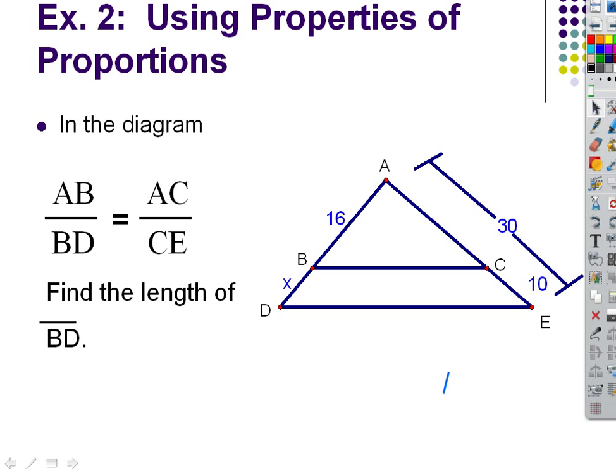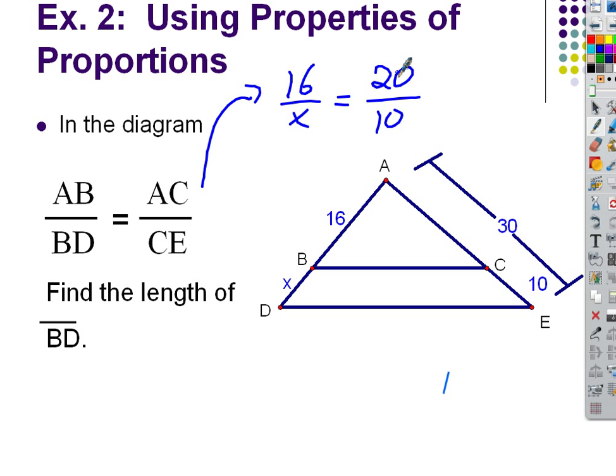What can I do with this? If I plug stuff in, 16 over x, 16 is AB. So 16 over x equals, what's the length of CE? 10. And the length of AC is going to be what? 30 minus 10. If the whole thing, AE, is 30, CE is 10. There we go. That's no big deal.